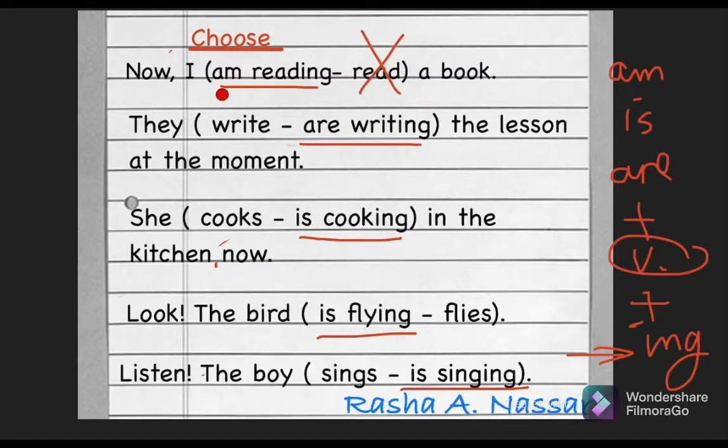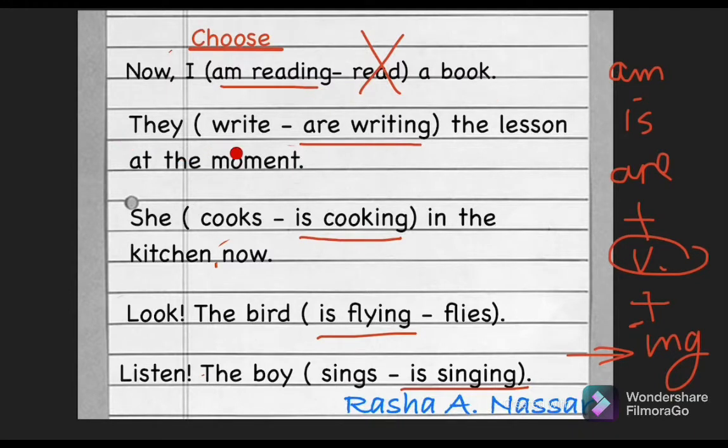So I chose am plus reading, verb plus ing, because I have now. So now means I'm talking about something which is happening at the moment. So now I am reading. I cannot say now I read a book. No, now I am reading a book.